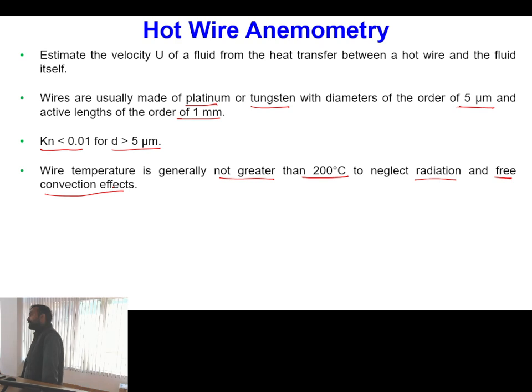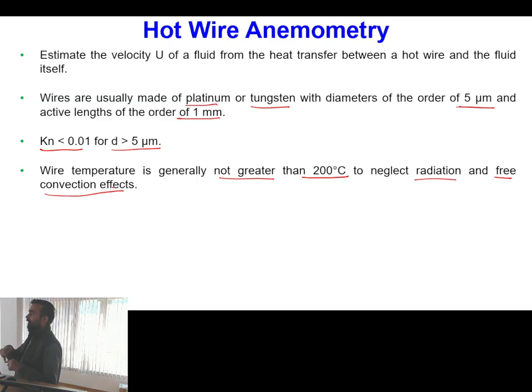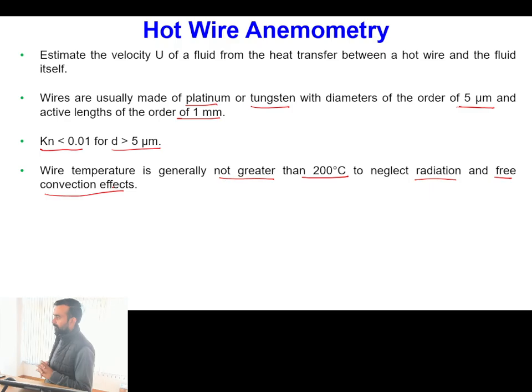And these errors and uncertainties will be least only if the number of phenomena involved are less. So if you keep the wire temperature within the range of 200 degrees Celsius, then in between the flow and the wire, mainly forced convection heat transfer will be dominant, and any effect of radiative heat transfer and free convection or natural convection will be actually negligible.